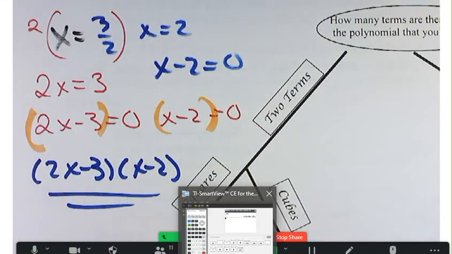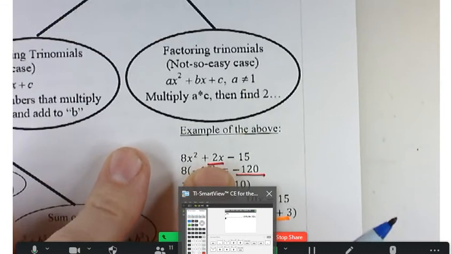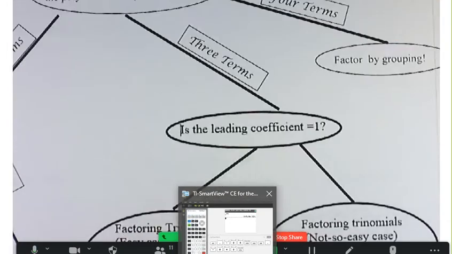So, you want me to do another quick example like this? All right, sure. Let me try and come up with, let's do this one over here. x squared plus 2x minus 15.